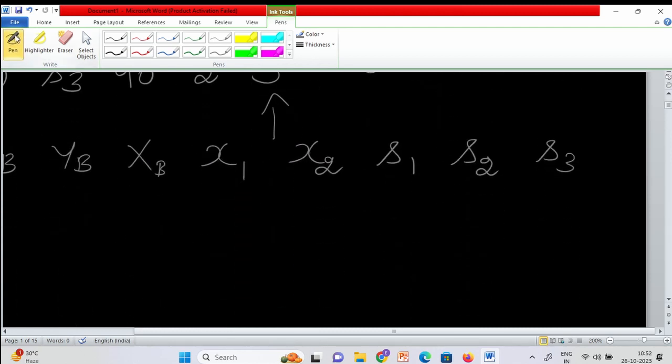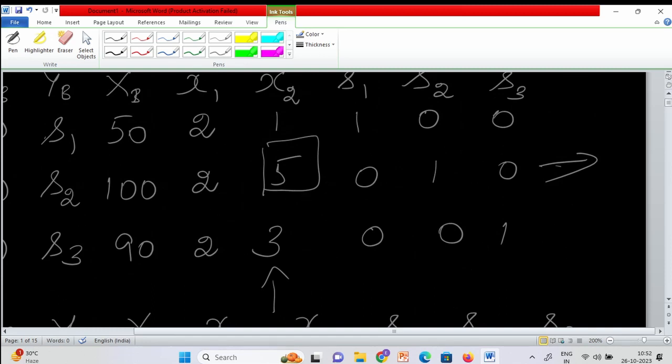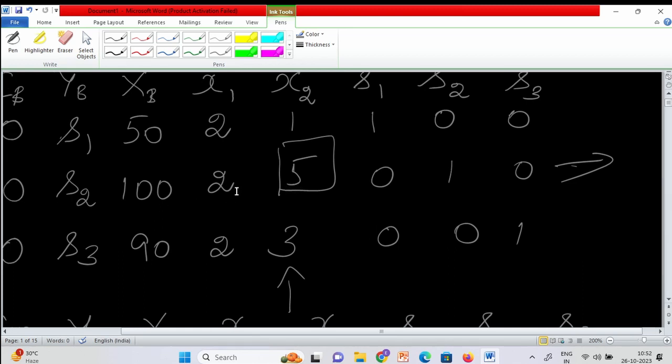So here X2, we have to calculate this row's values in this table first. For that we have to make this pivotal element 1. For making this pivotal element 1, we have to divide all the entries in this row by 5. Then only we can get 1 here.